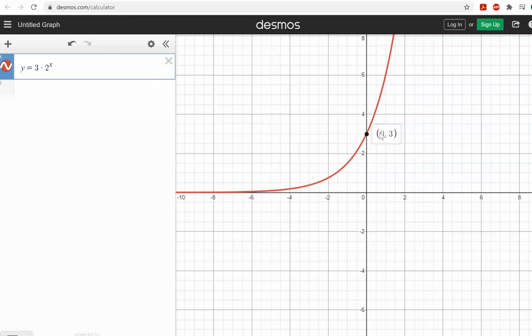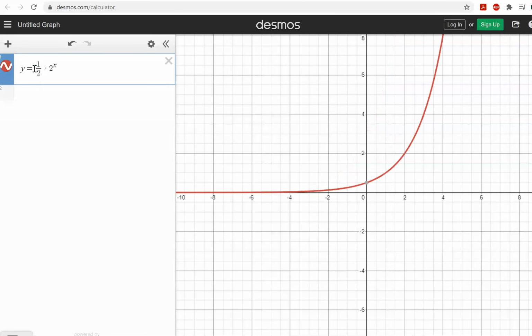All of those y coordinates got multiplied by 3, and that gave us the vertical stretch. If we wanted the vertical compression by a half, there's our initial value of a half. Where we had (1, 2) before, now it's (1, 1). So all of those vertical distances compressed by a half.